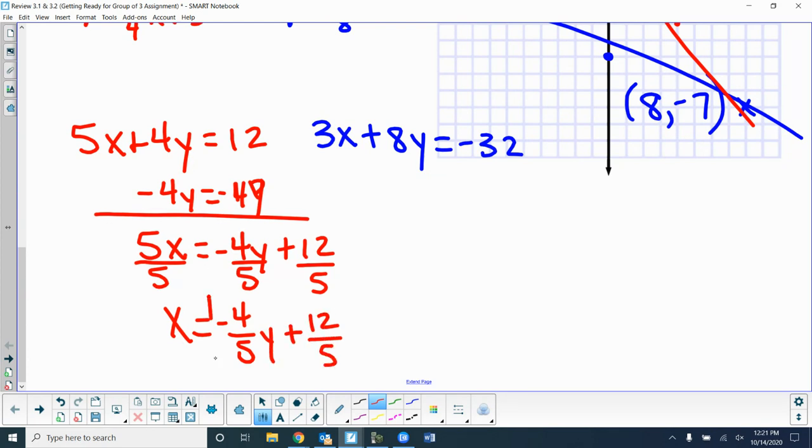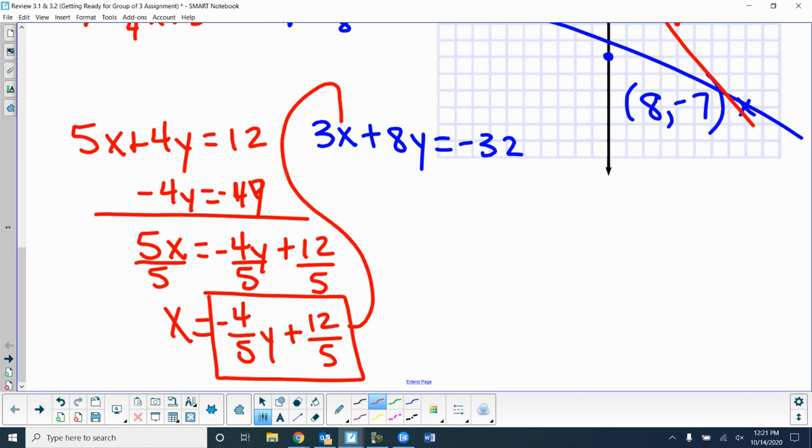Okay, so this is what x equals. I need to substitute it into the other equation for x, because that's what x equals. Make sure you go to the other one, or whatever letter you got alone on the first one. Does that make sense?